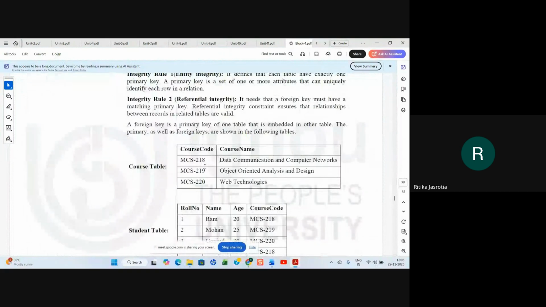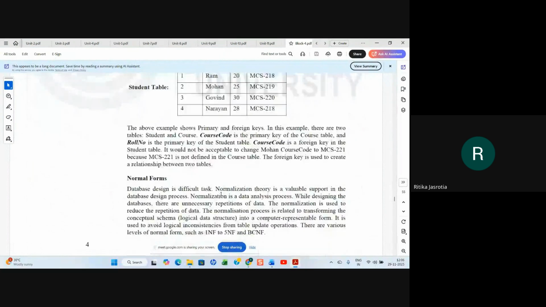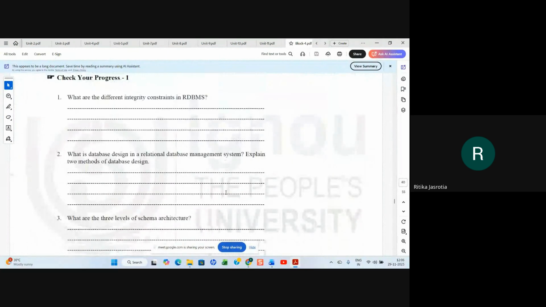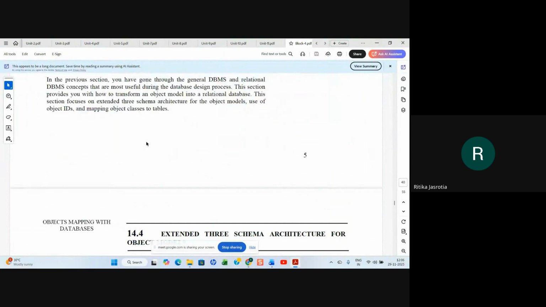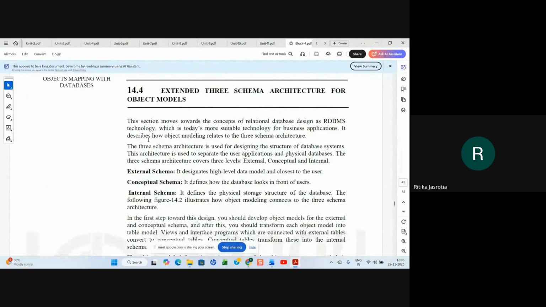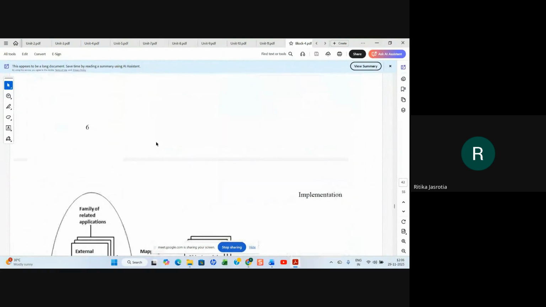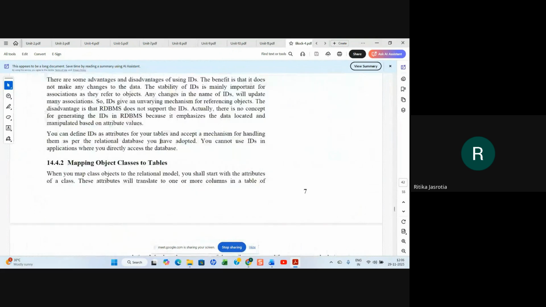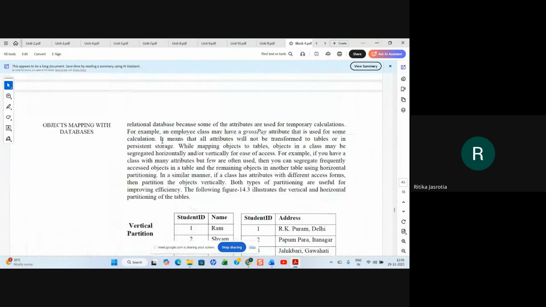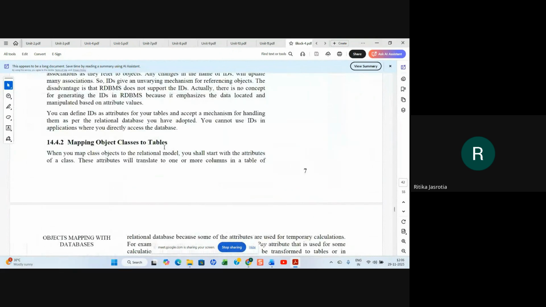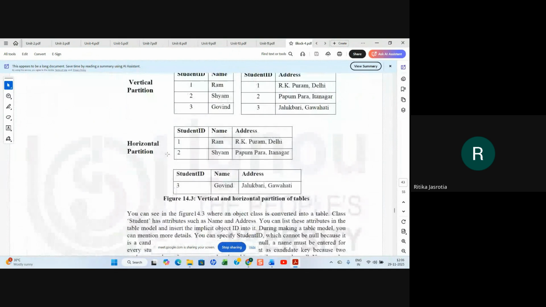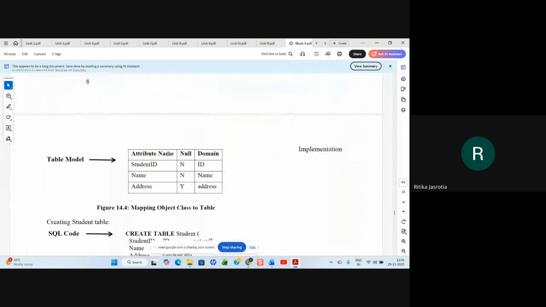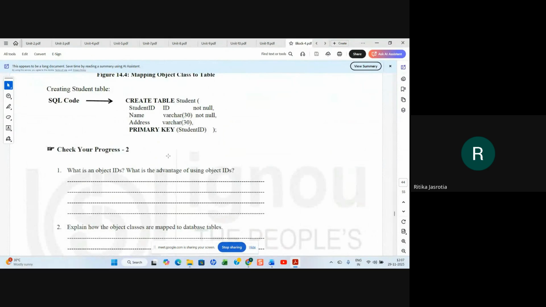You have a course table and a student table. So if you have to map it, you can do mapping of object classes to tables in a vertical partition or horizontal partition, anything, but we will be talking about that later.